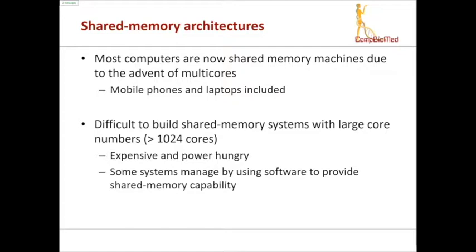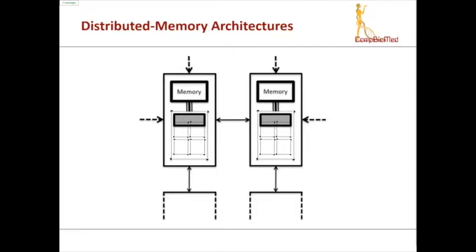So an opposing idea is the distributed memory architecture. In this example, each processor has 4 cores and their local memory, but then there's another node beside that, again with 4 cores per processor and its own local memory. Now the 4 cores share memory in each node, but they can't access the other node's memory directly.